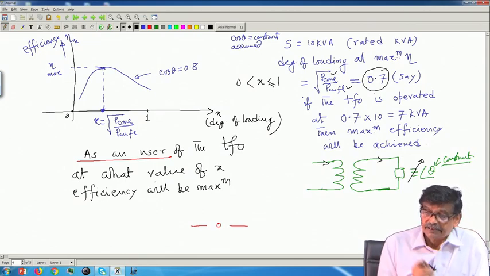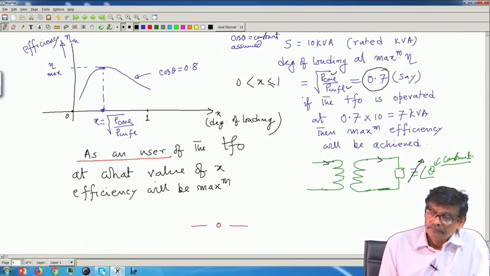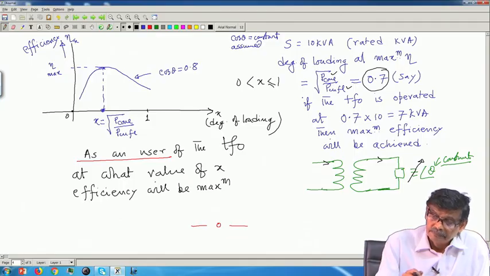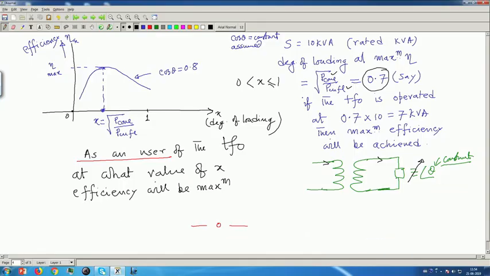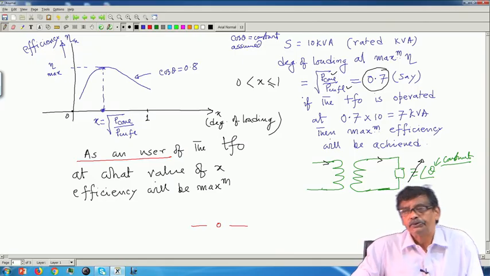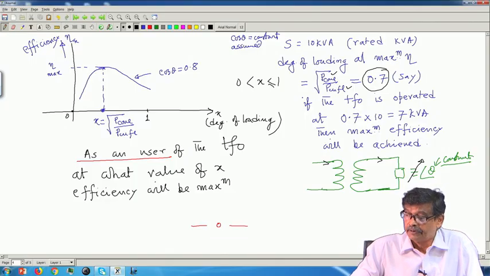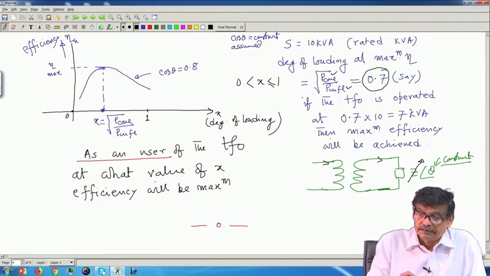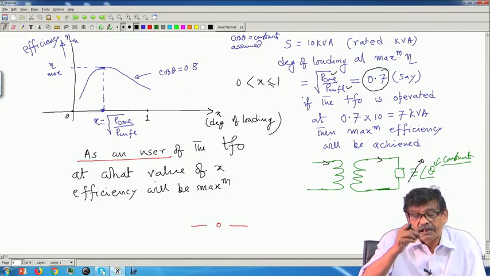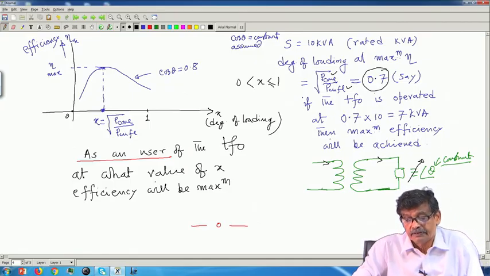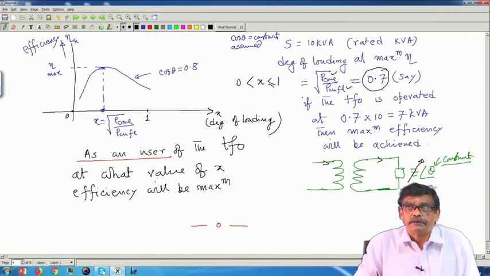Now, I am asking you, while purchasing a transformer, should I also tell the manufacturer, okay, design my transformer in such a way that the value of x at which maximum efficiency occurs is so much?